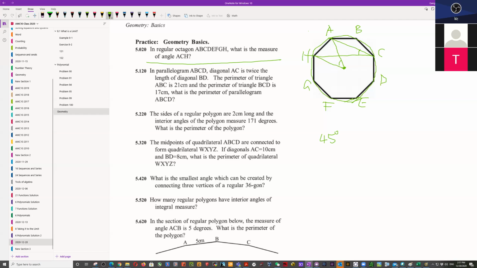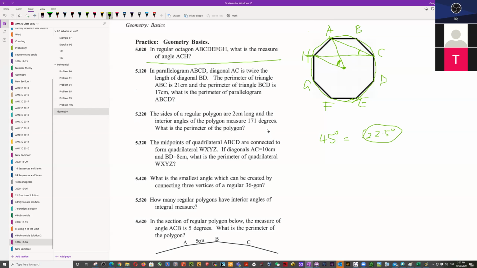This is the central angle, and this is called the inscribed angle. The inscribed angle on the same arc is going to be 1/2 of it. So basically it should be 22.5. So I am using a circumcircle to solve this problem.